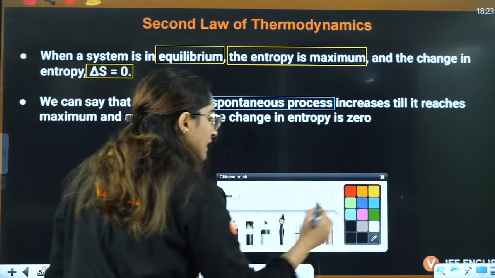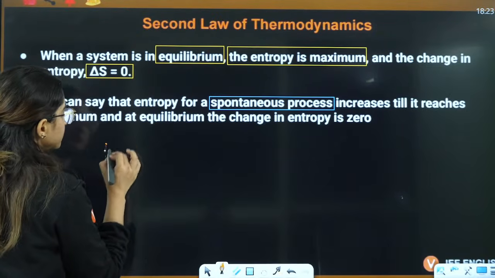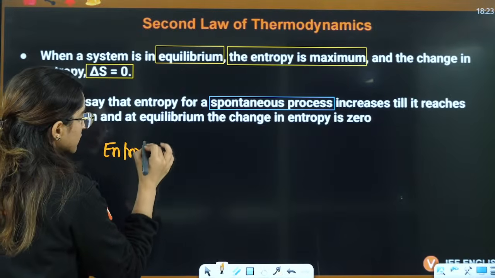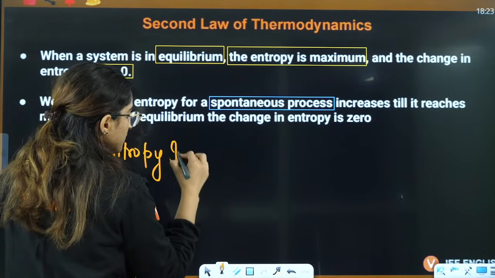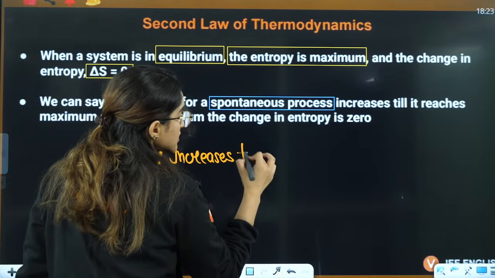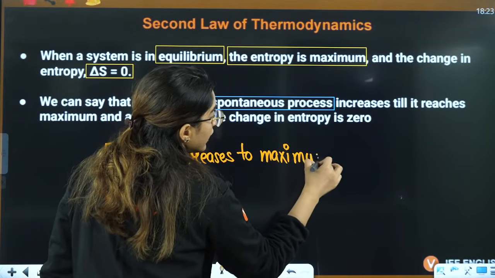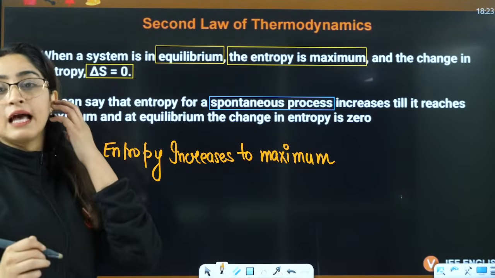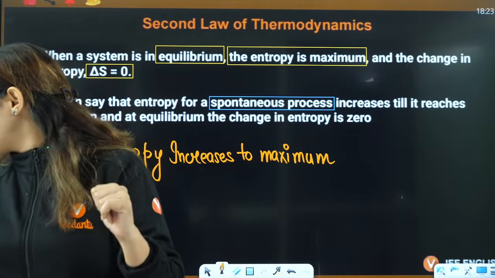So how can you simplify this? Entropy increases to maximum. These statements are very important. Usually students in thermodynamics ignore these things, that's why I have made a specific lecture for this. These things are very important for you.